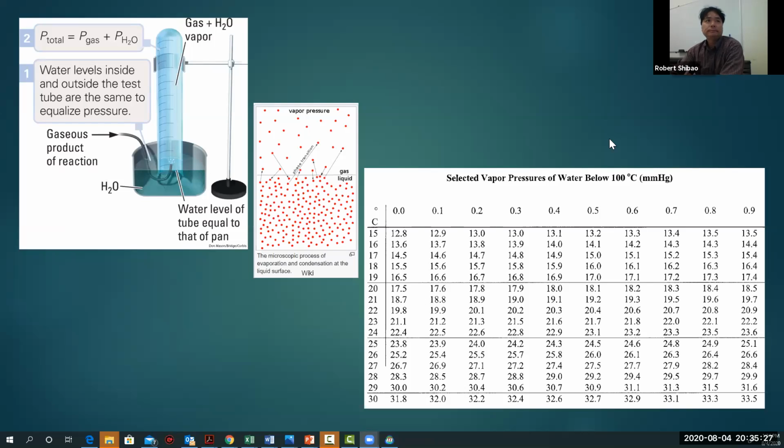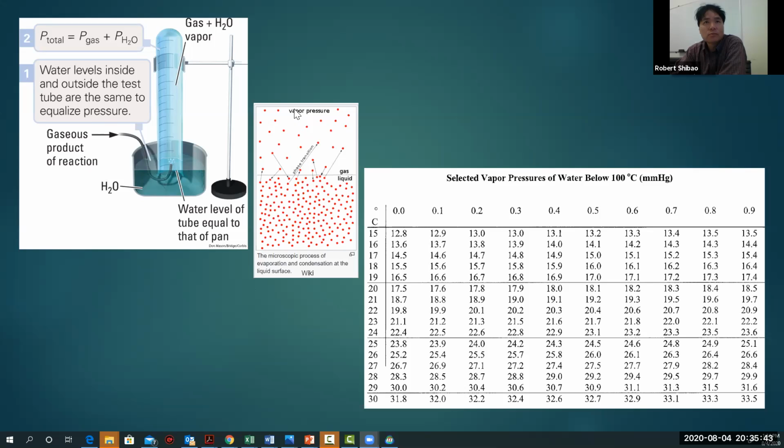So the total pressure here is equal to the pressure of the oxygen plus the pressure of the water vapor. The total pressure is equal to the barometric pressure, so we can get that.